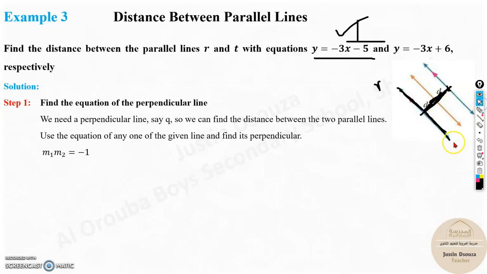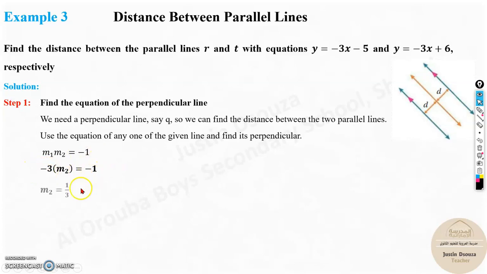First find the slope of the perpendicular line. Multiply -3 times the slope of the perpendicular line equals -1. Negative negative cancels and it will be 1 by 3. That is the slope of the perpendicular line.